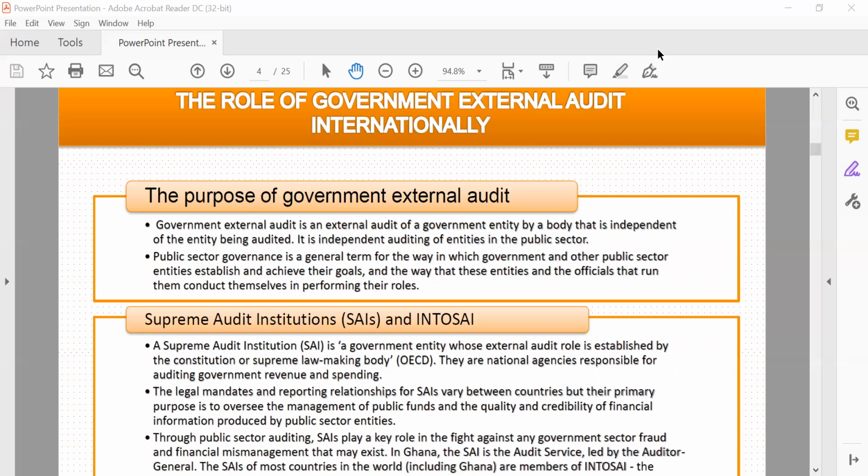So I would say it's more around how these entities are run, administered, directed, or controlled, right? It's the way that these entities and the officials that run them conduct themselves in performing their roles.